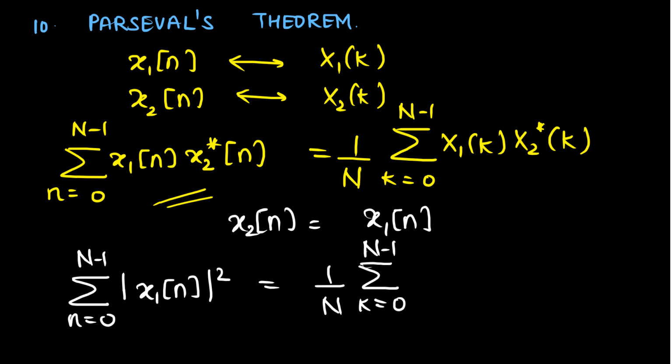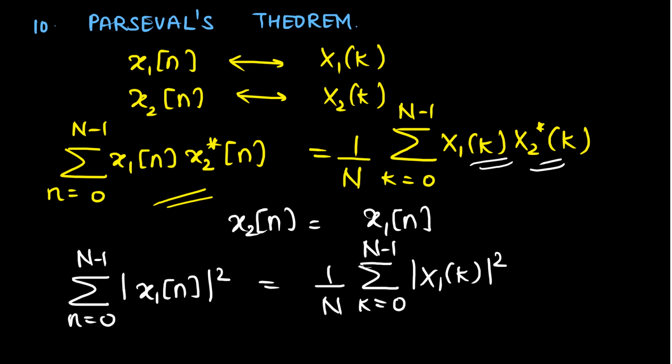Again we have X1 of k multiplied by X1 conjugate of k, and it can be written as mod of X1 of k squared. Now if we observe, this is the energy in one period. Therefore we can find the energy using this formula or this formula.